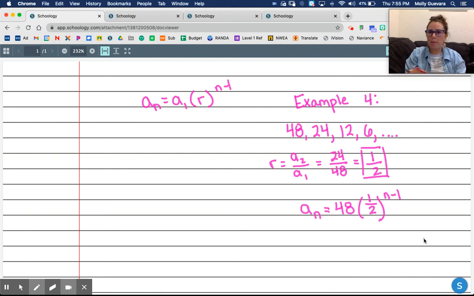And then from here, I'm able to find whatever term I want, right? If I want to find the 15th term, I just plug in 15. We're not going to do that part, but I just wanted to show you that if you are dividing by a number every single time, you should use this method of your second term over your first term and then simplify the fraction.